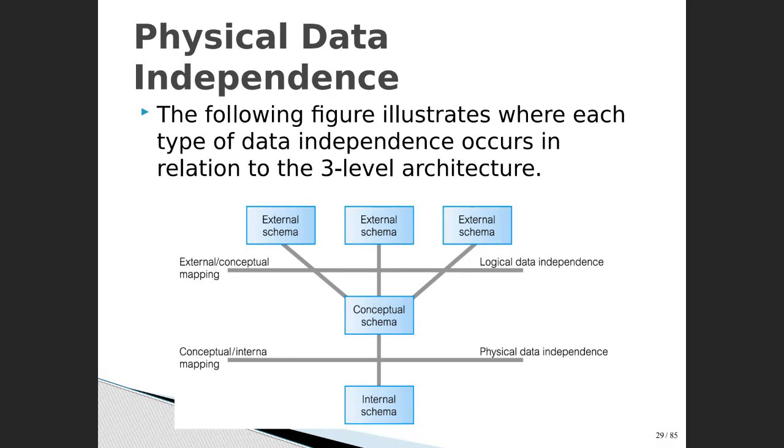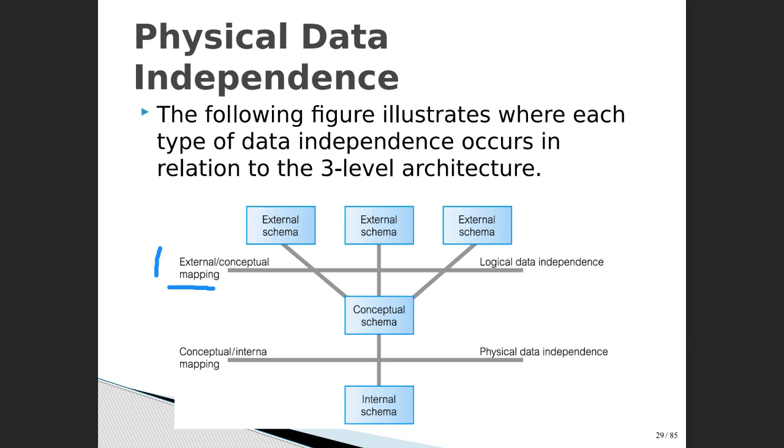We have the external schemas, the sub-schemas, on the top level. Then comes the conceptual schema, and the lower level is the internal schema. What comes in between? We have mapping. We have two types of mapping: external-conceptual mapping, which ensures that the records or data description will be mapped between these two levels.